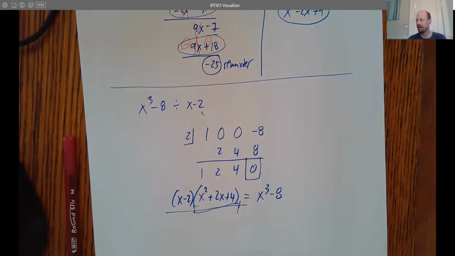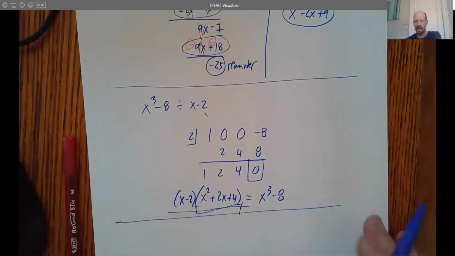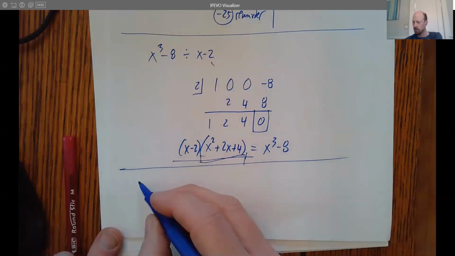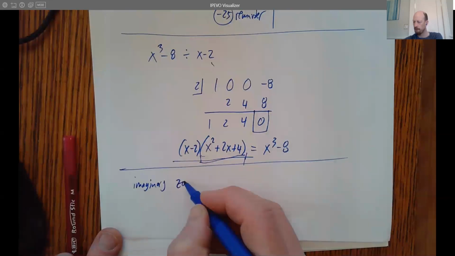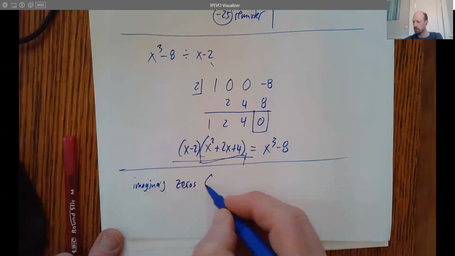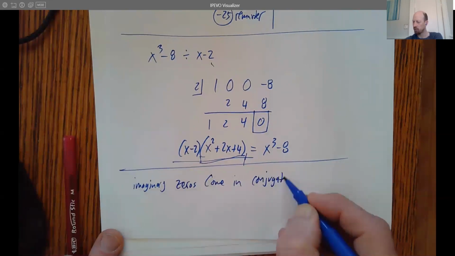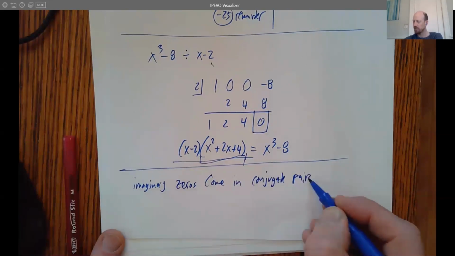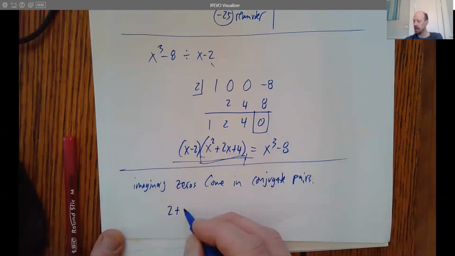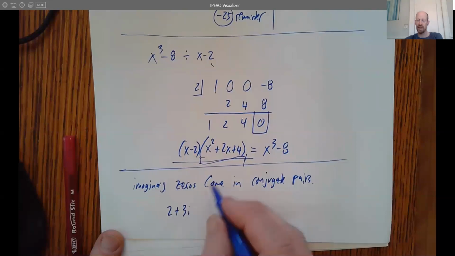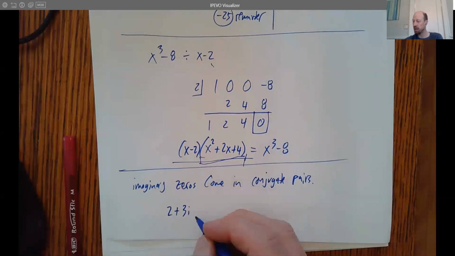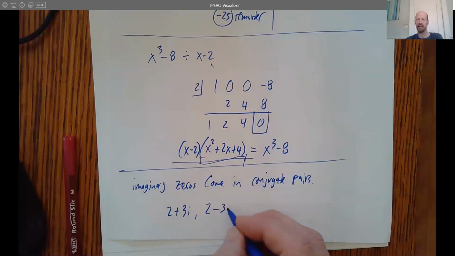And one other fact I should mention, just because it came to my mind: imaginary zeros come in what are called conjugate pairs. What that means is if 2 plus 3i is a zero of a polynomial like this, then it turns out that its conjugate pair, 2 minus 3i, is also a zero.